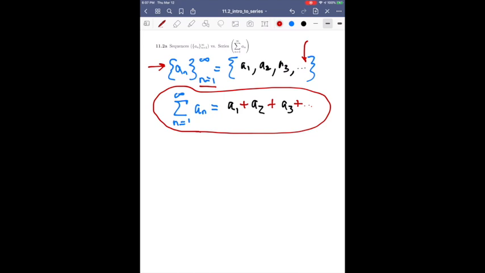So just to recap, for sequences, we were able to basically take a limit as n goes to infinity of that generating function, and if this was equal to a number that was finite, then we said it was convergent.